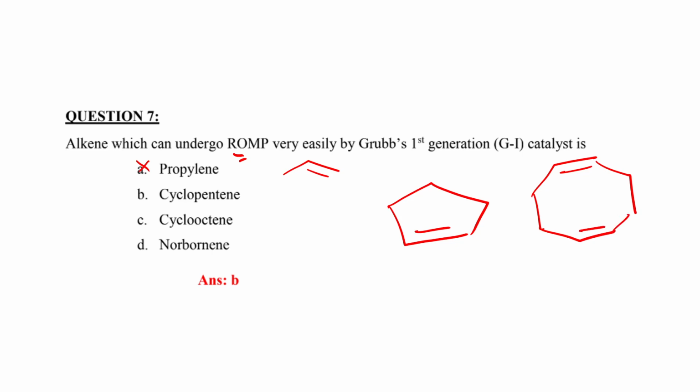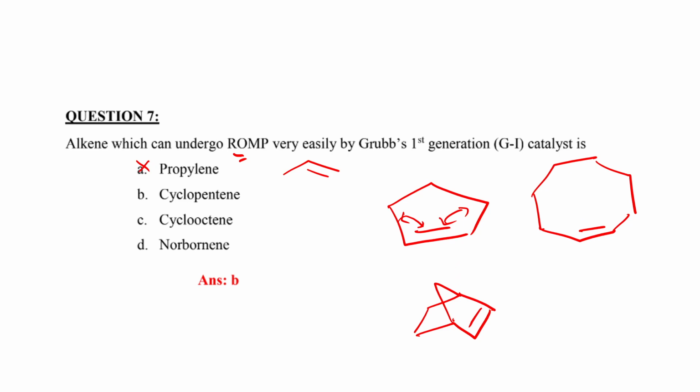This can be explained by ring strain. Here you can see the angle strain is much more for cyclopentene compared to cyclooctene or this kind of system.